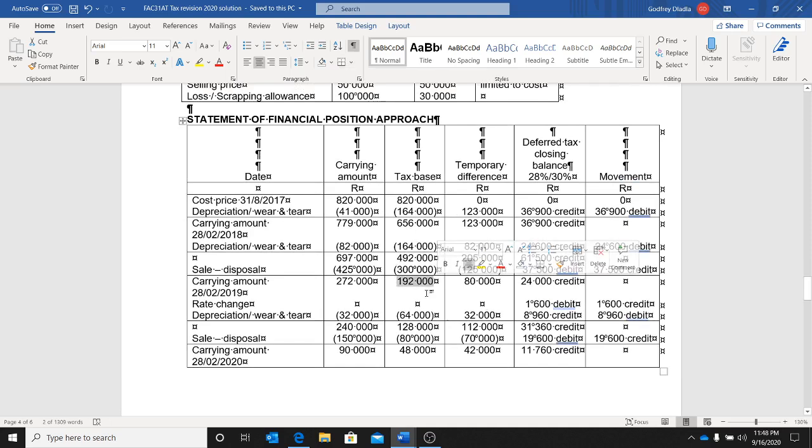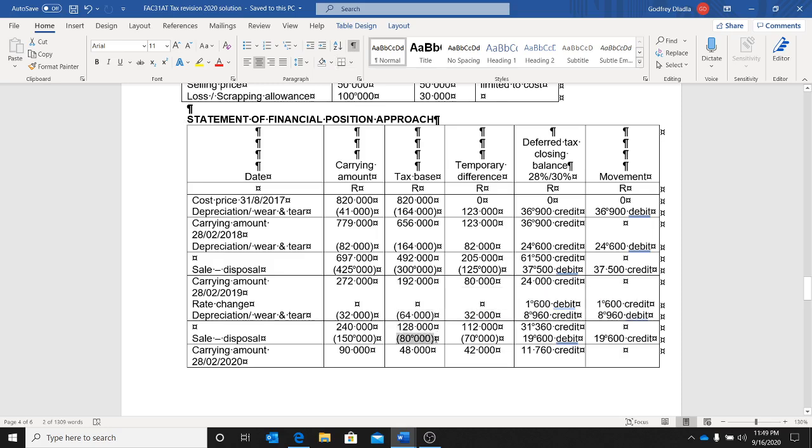Now you've got the carrying value here. Now the same thing, 820 minus 500 gives us 320, the remaining assets. But now if you times that by 20%, which is the rate at which you must allow a rent here, it gives you 64. 64 minus that tax value amount, it takes you to 128.